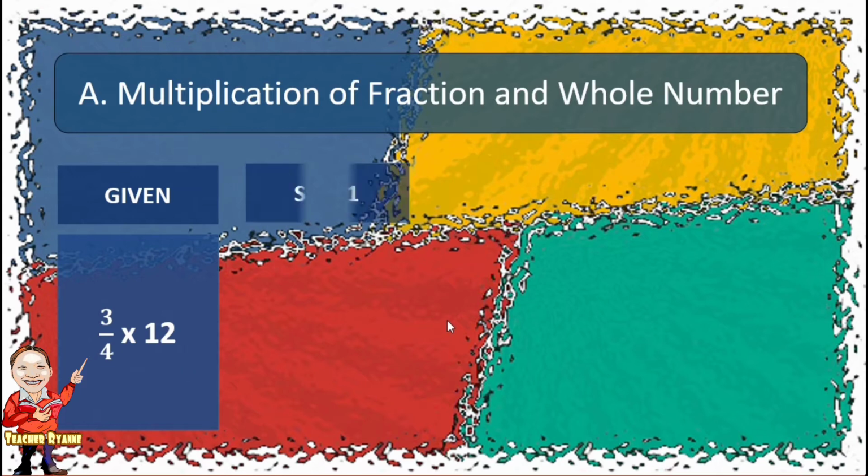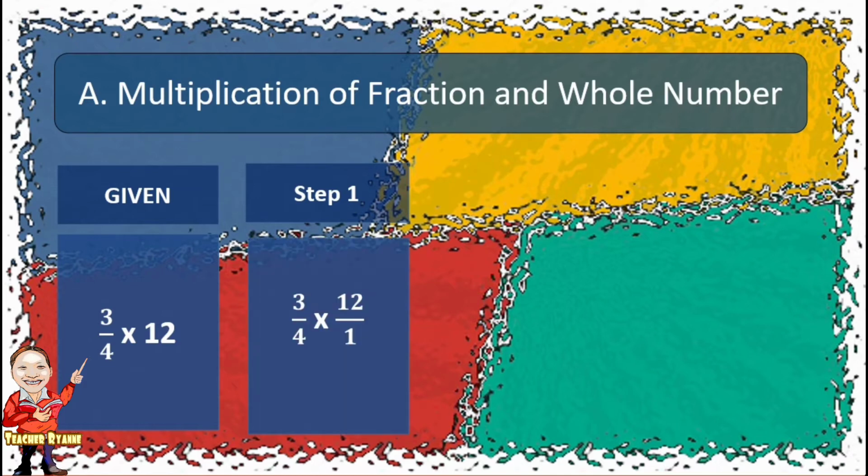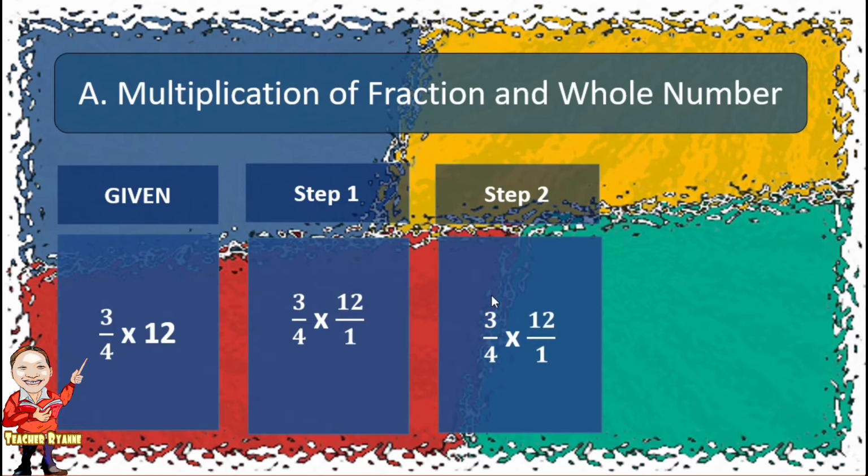So step 1 is we will put an imaginary denominator of 1 under our whole number. Okay, so we will have 3/4 times 12/1. So we will have a fraction times a fraction.